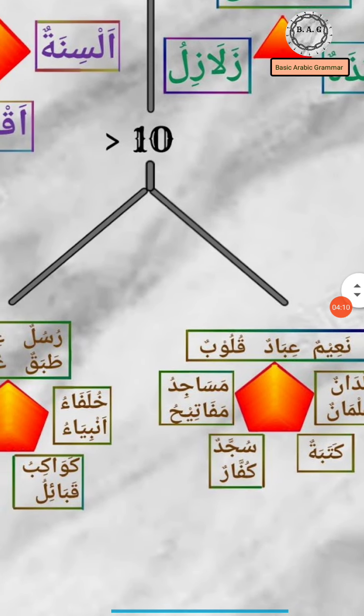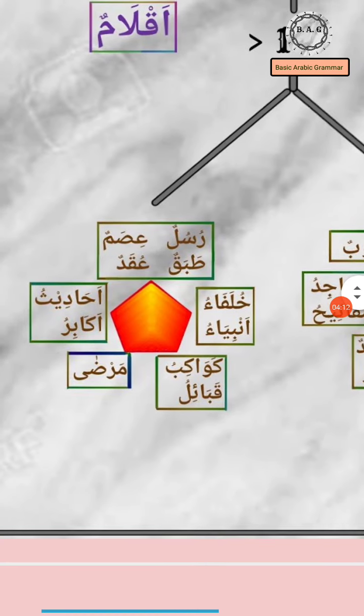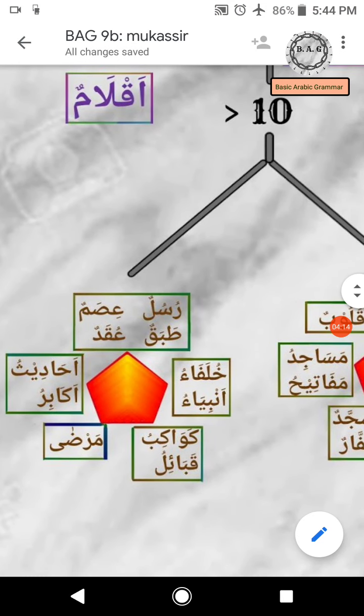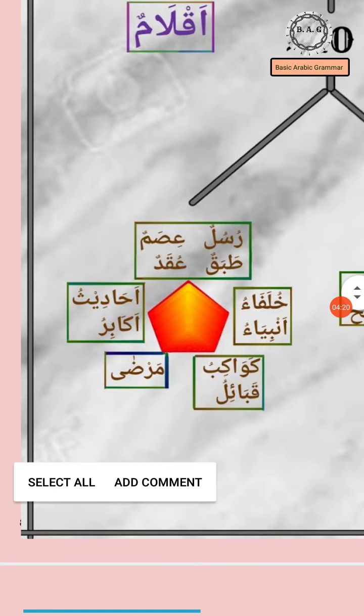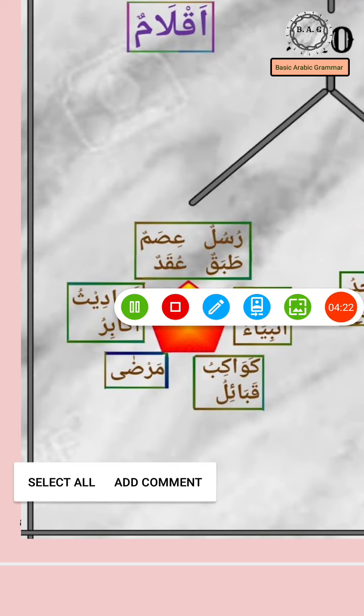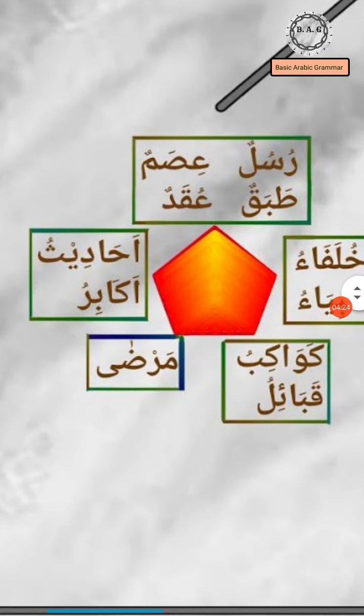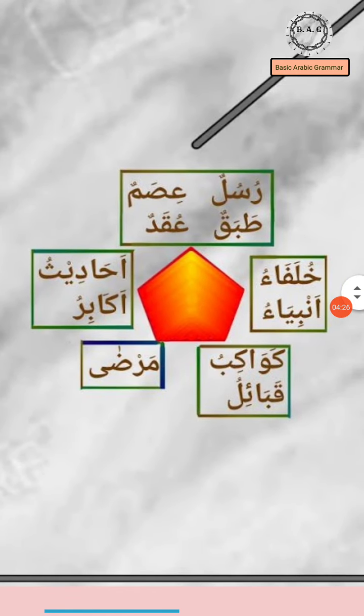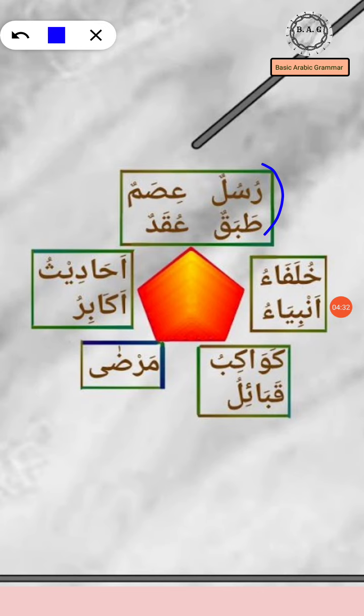Then we have the group which has patterns for asma that are more than 10 in number, and first of all we have this group. Let's just zoom it up a bit. Yep. All right, so we have the first group, which is the one that carries those patterns that are formed without the addition of any extra letter in the pattern.